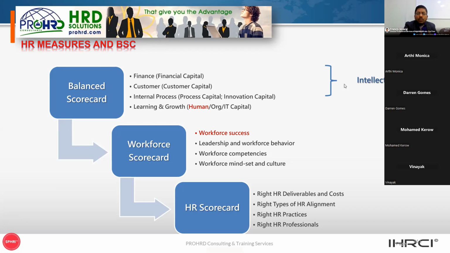So the workforce scorecard offers a framework that identifies and measures the outcomes, behaviors, competencies, mindset, and culture required for workforce success, and reveals how each dimension impacts the bottom line.